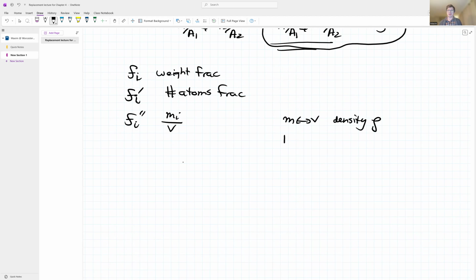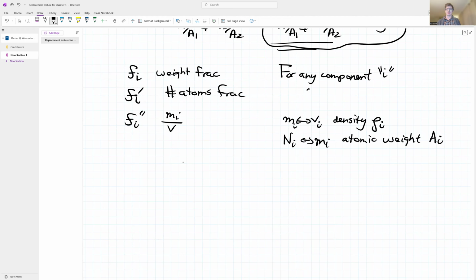To go between numbers of a component and the mass of the component, you need the atomic weights. And we put an I here. So to go between the volume of component I and the mass of component I, this is for any component I of an alloy. You have this kind of thing.